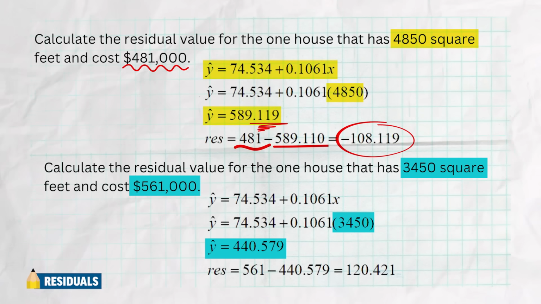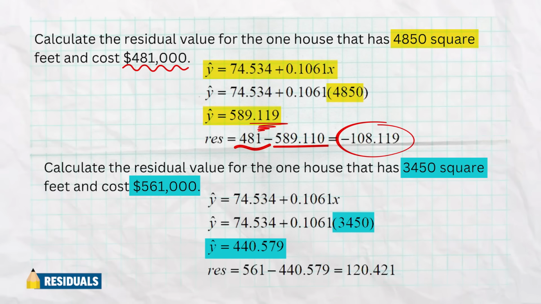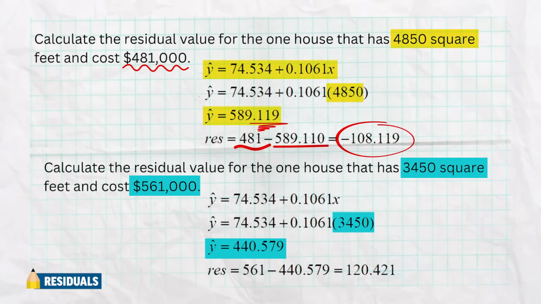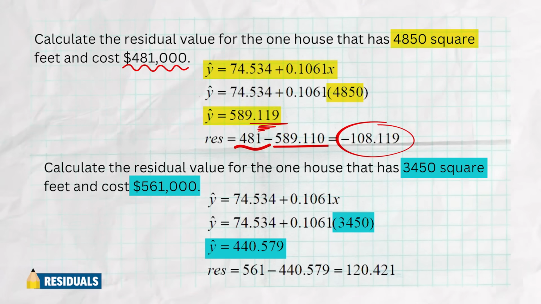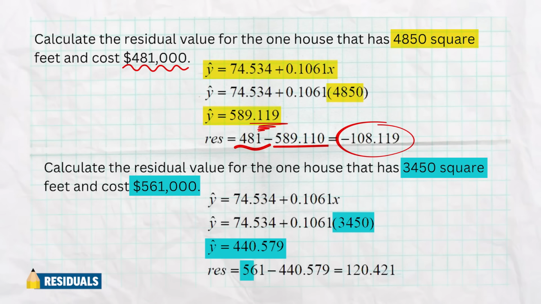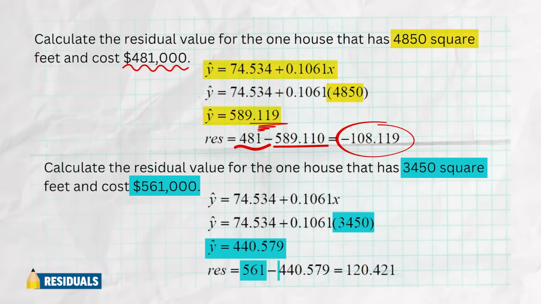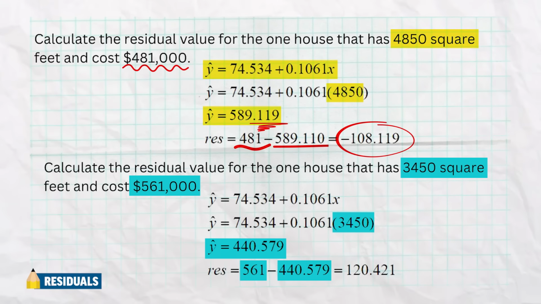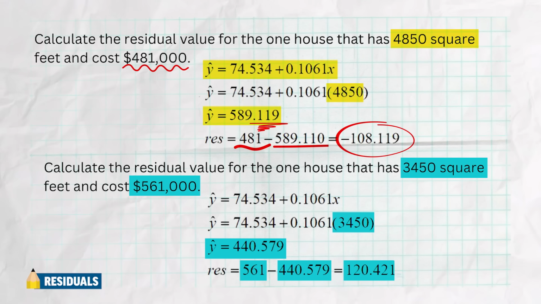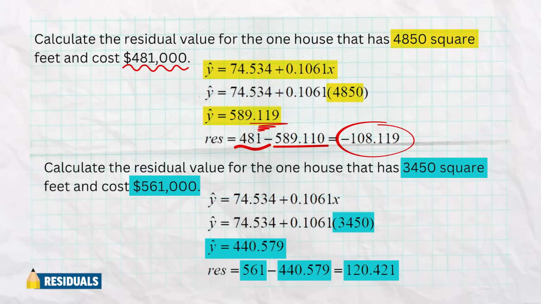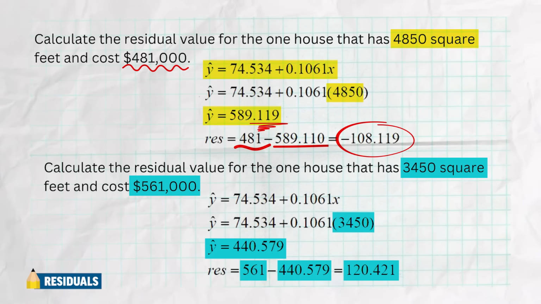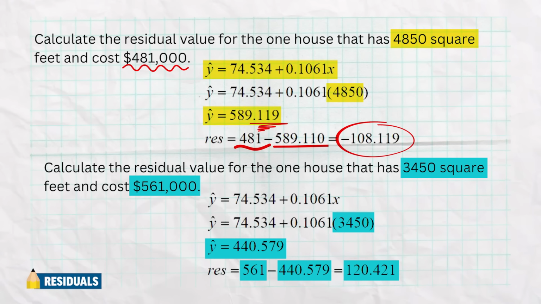Or again, if you want to move that decimal 3 times and be more specific, $440,579. But to get the residual value, I'm going to take the actual price of that house minus the predicted price of that house, and this time I get a positive value. That is because the actual price was higher than the predicted was. So my residual value is $120,000.